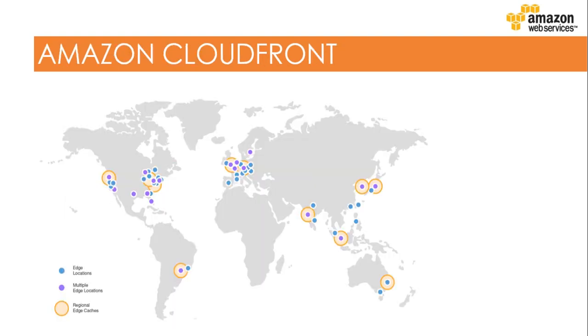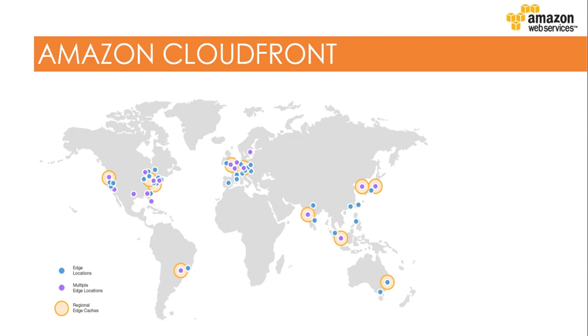The next service we have is Amazon CloudFront. Amazon CloudFront is a global content delivery network (CDN) service that securely delivers data, videos, applications, and APIs to your viewers with low latency and high transfer speeds.